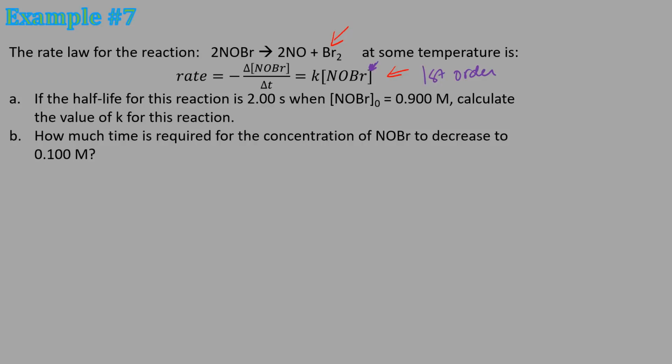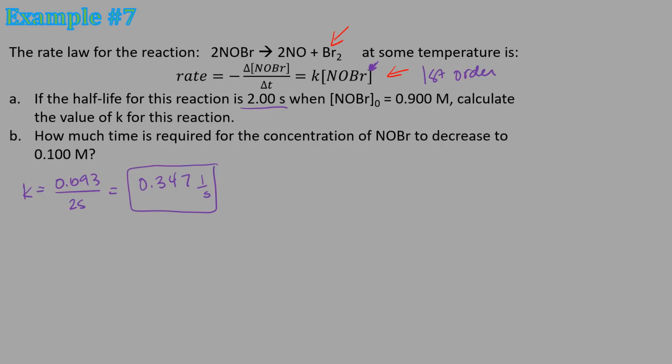And so to find K for that reaction, if the half-life is 2 seconds, then my K is going to be equal to 0.693 divided by 2 seconds. And so my K is equal to 0.347 inverse seconds.